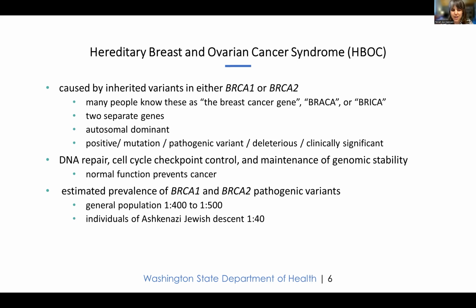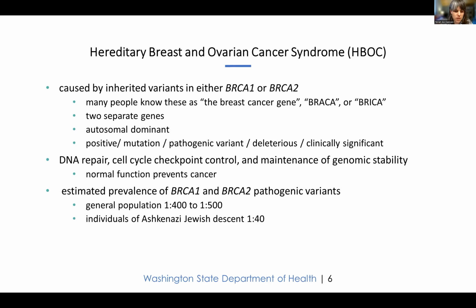These commonly in the general public will be referred to as the breast cancer gene, but there are 2 separate genes certainly here. We may also hear them called BRCA. Both of the genes are similar, even though they are separate, and they're similar in what they do and how they act.